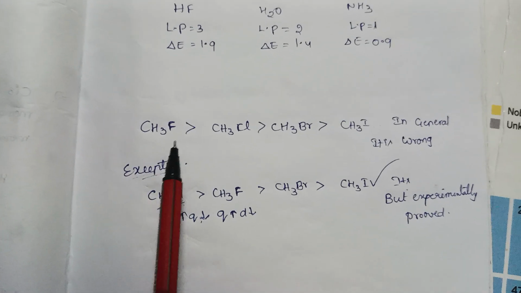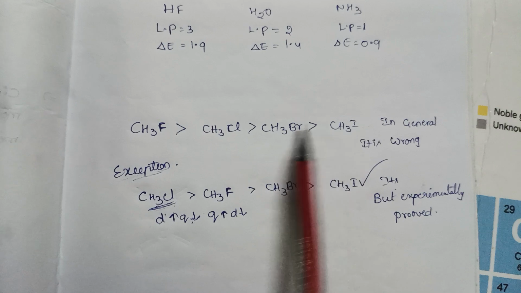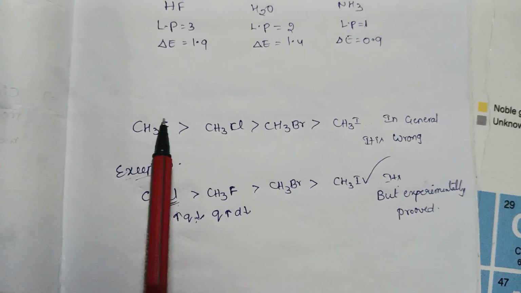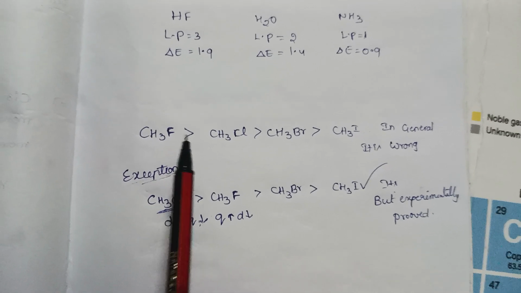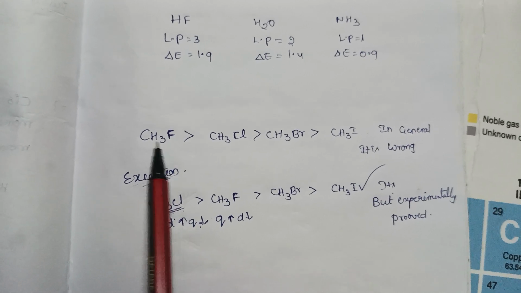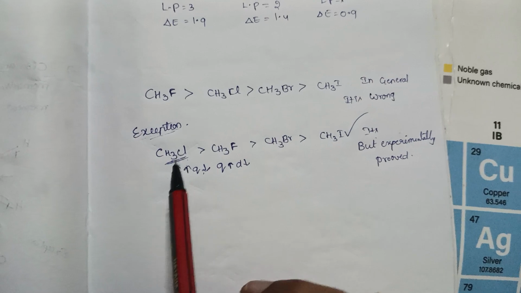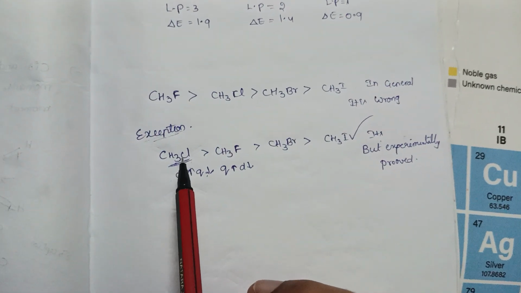If we take one example, CH3F, CH3Cl, CH3Br. In the general trend, fluorine is more electronegative, so the molecule should have more dipole moment than others. But here the exception is that CH3Cl has more dipole moment.